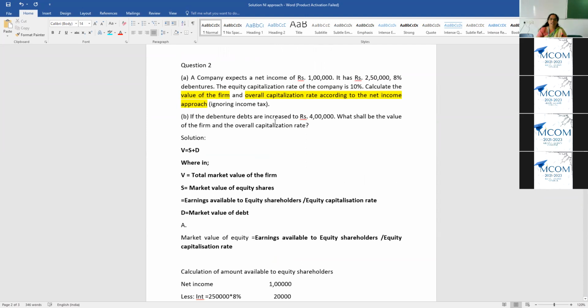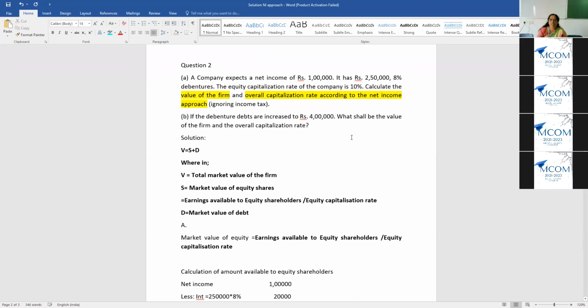If the debenture debt is increased to rupees 4 lakh, it was 2,50,000. Now you are increasing it to 4 lakh. If the rate of interest would be the same, what should be the value of the firm and the overall capitalization rate? Did you understand?